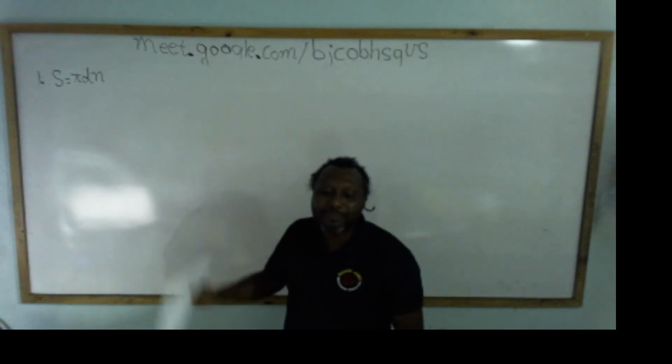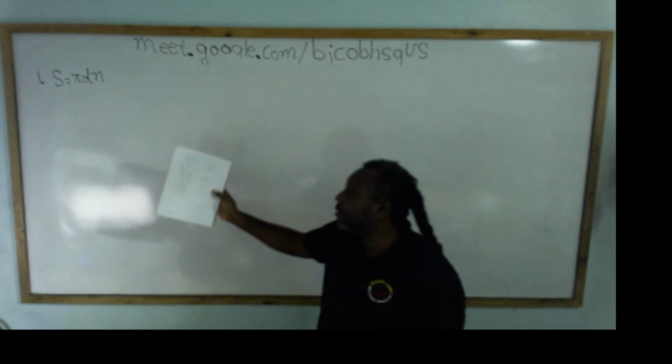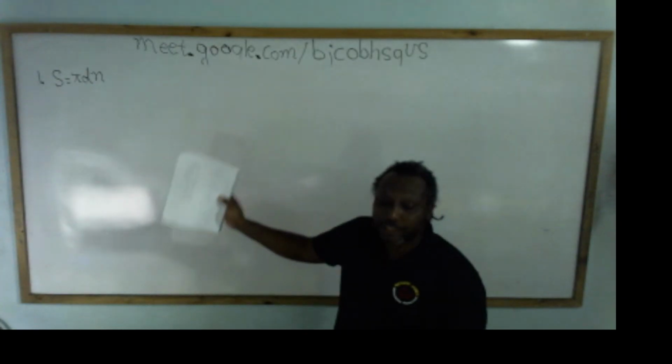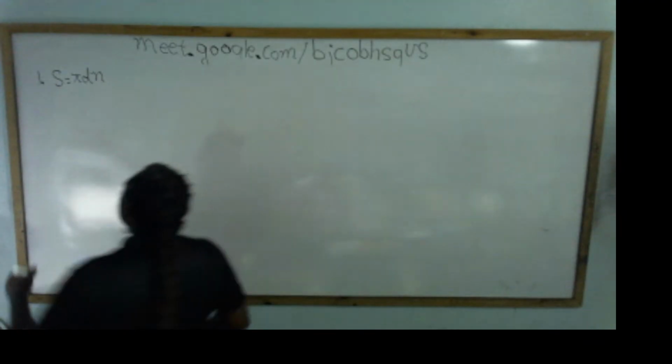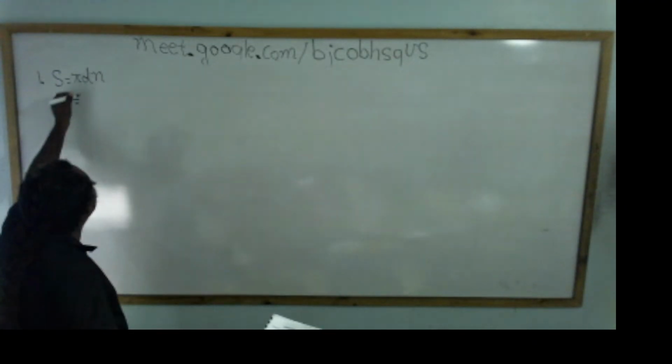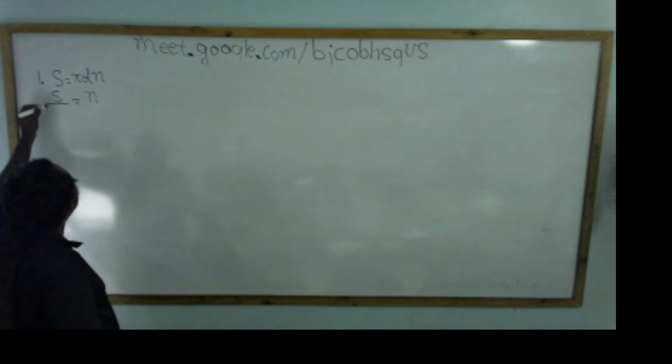Pi d is multiplying n. Because they are in a multiplication relationship, we are going to eliminate pi d by division. So we'll divide both sides by pi d. When we divide the right-hand side by pi d, it will be cancelled, eliminated, and we just have n. And of course, on the left-hand side, we'll have s over pi d.